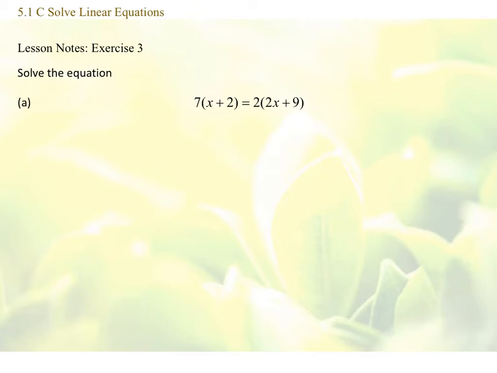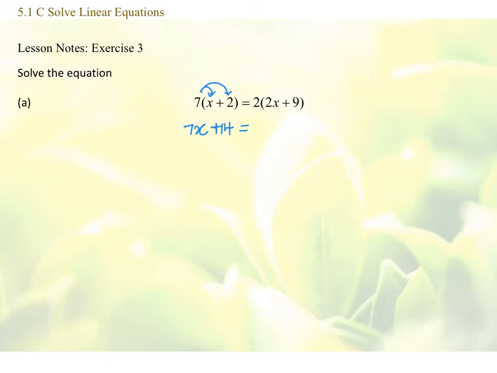We are going to do an expansion. So I will have 7 groups of x plus 2. That gives me 7 groups of x, which is 7x, and 7 groups of 2, which is 7 times 2, 14. On the other side, we have 2 groups of 2x plus 9.